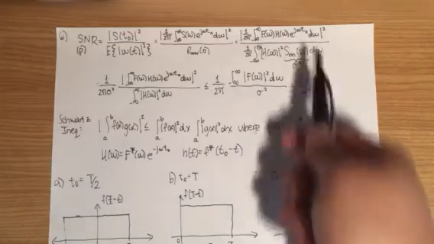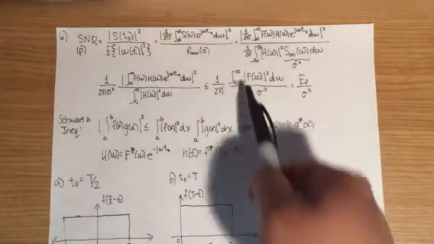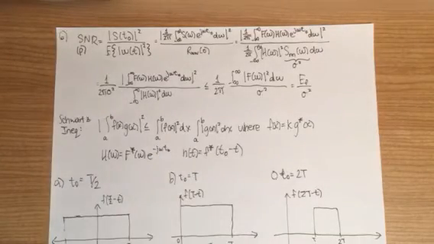And so we can do a bit of cancellations here. We can cancel the top 1 over 2 pi with the bottom 1 over 2 pi. So here we have 1 over 2 pi left.